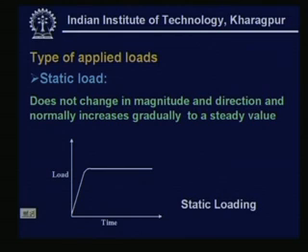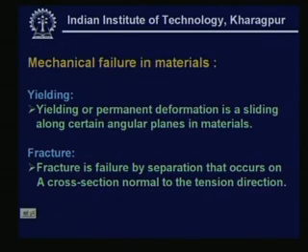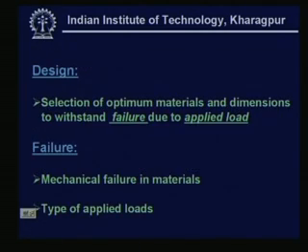Now we come to another situation, the type of applied loads. We just discussed mechanical failure in materials, and now we have a brief look at the type of applied load that can come into the picture.